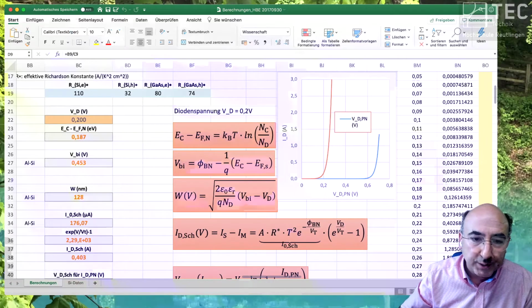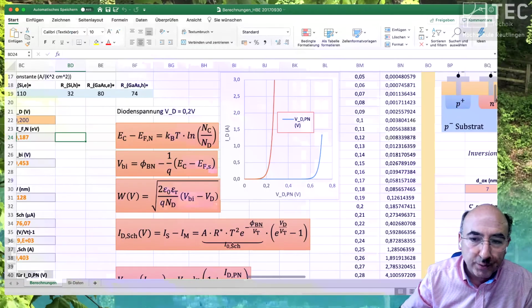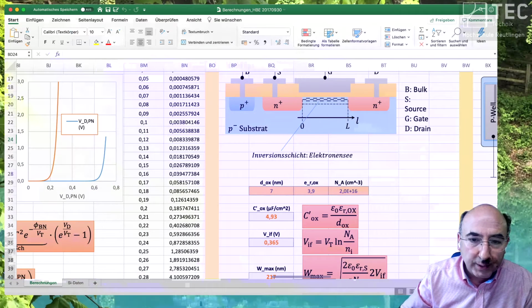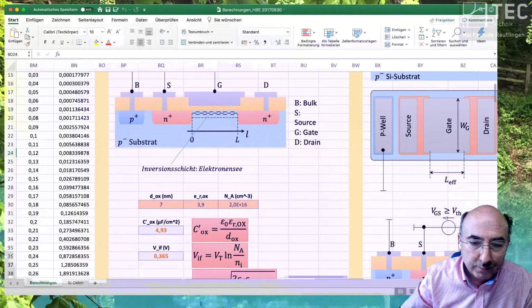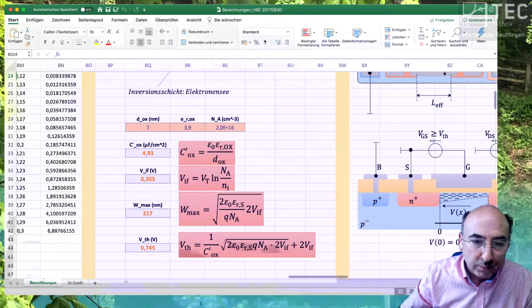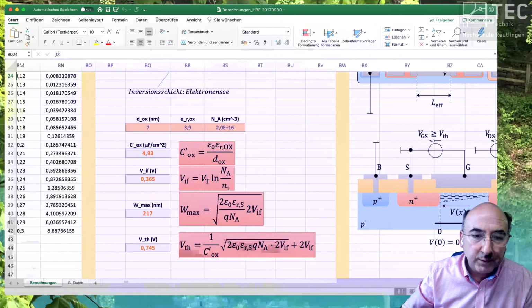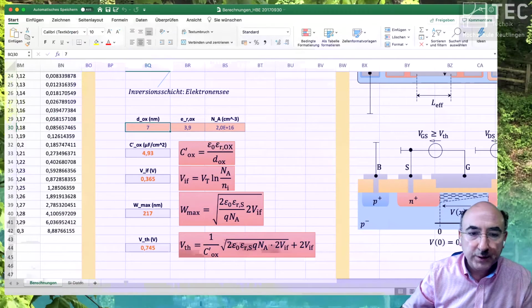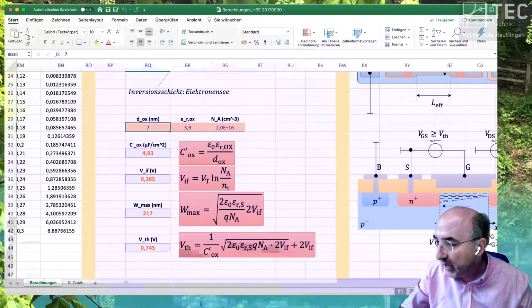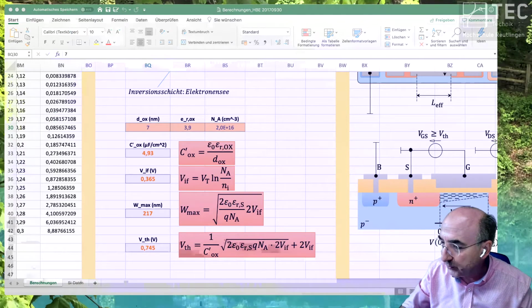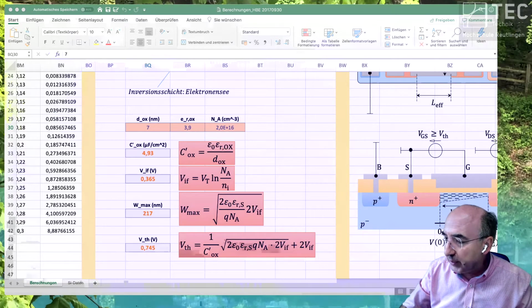In the spreadsheet, we have for sure also all these equations. I defined the oxide thickness to be 7 nanometer. The relative dielectric constant of the silicon oxide is 3.9.